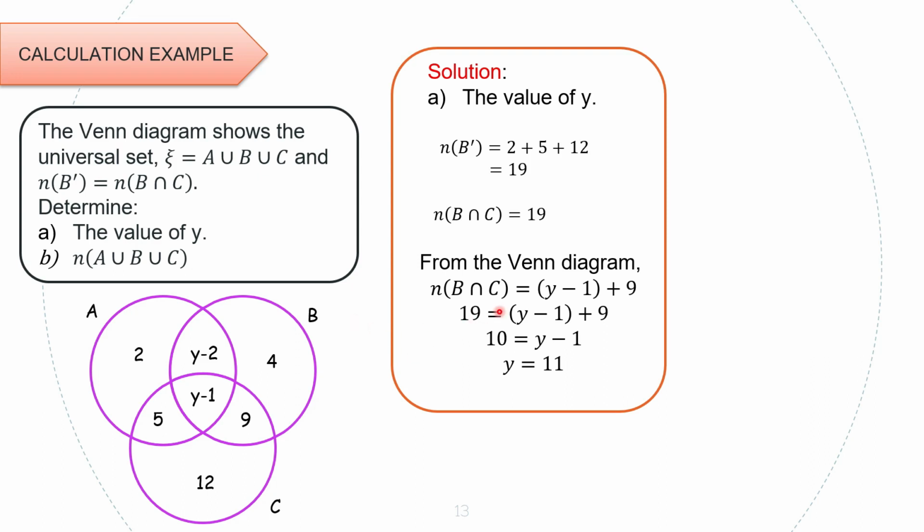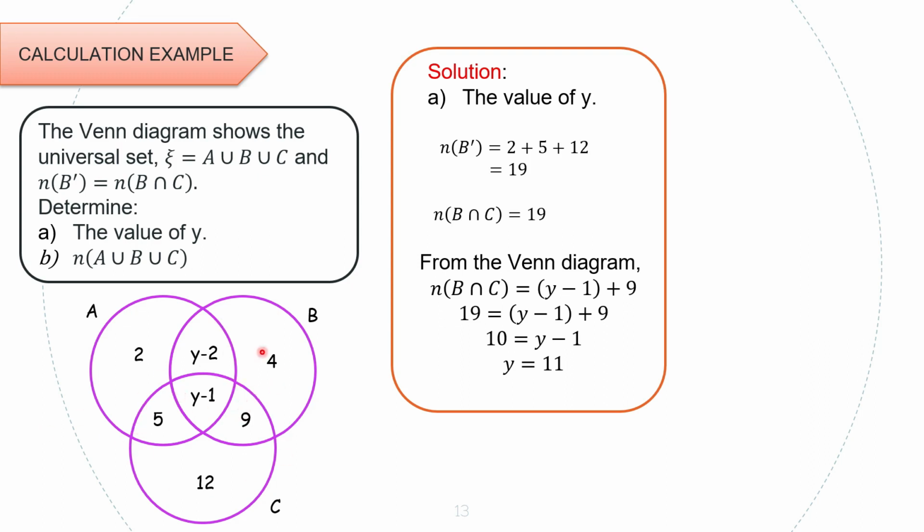Now for part B, the number of elements of A union B union C. We must find the number of elements from this Venn diagram. A union B union C means this circle, union with this circle, and then union with this circle.